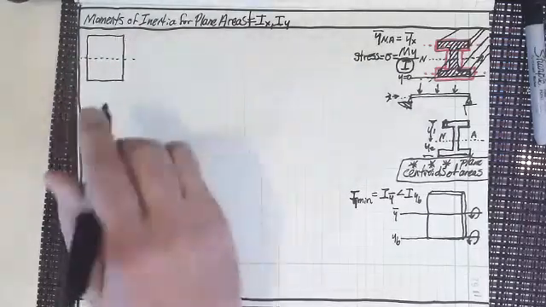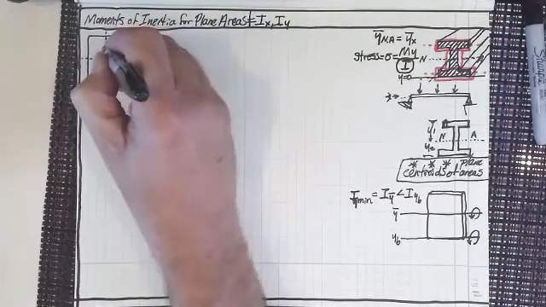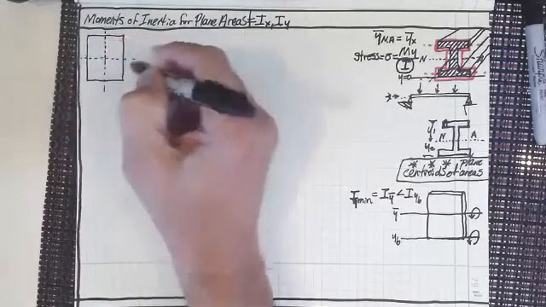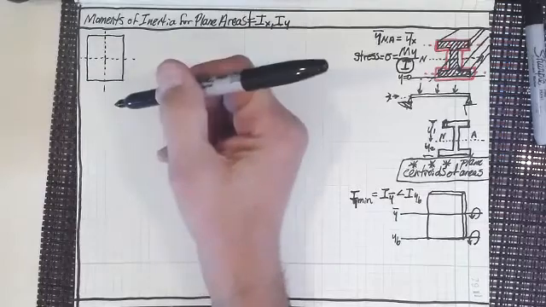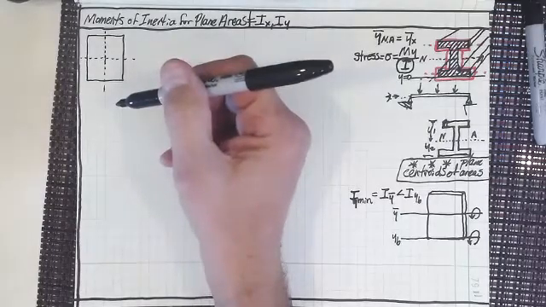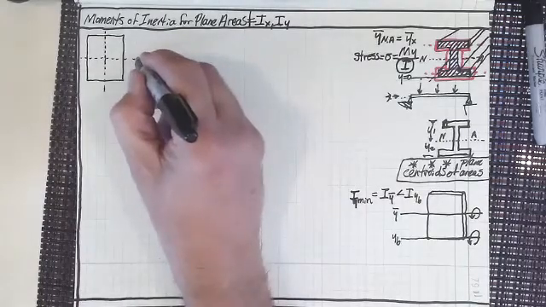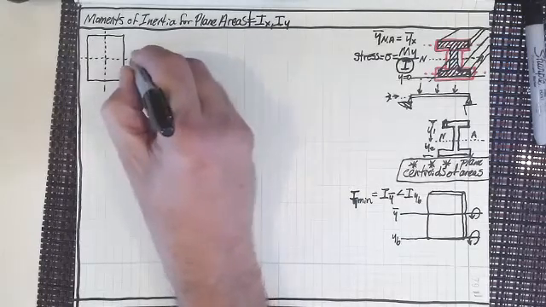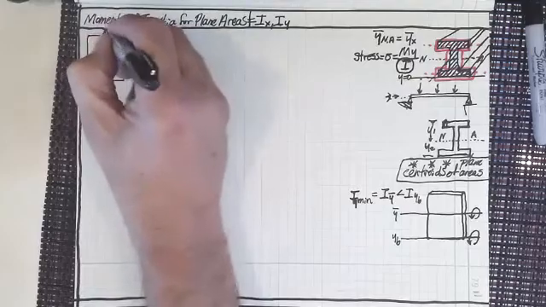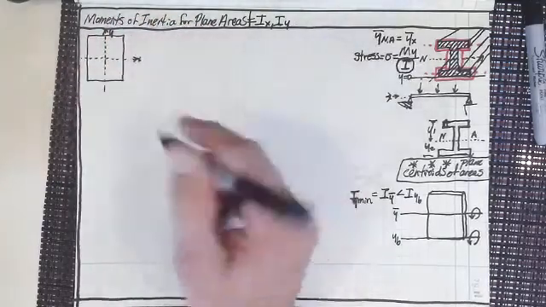And you can see the centroid to be right there, and then the x centroid would be right there. Does everybody see that? And also, this is going to be my x and my y axes for that.